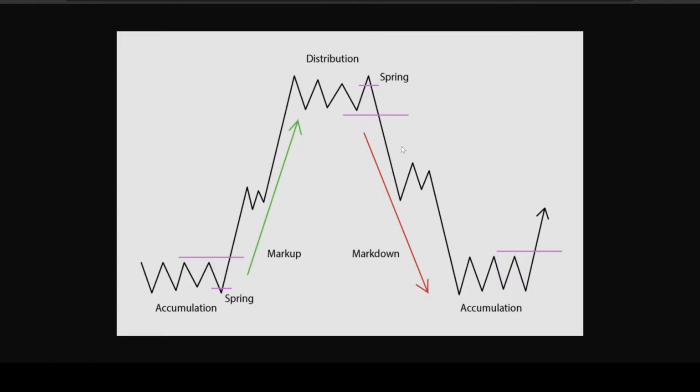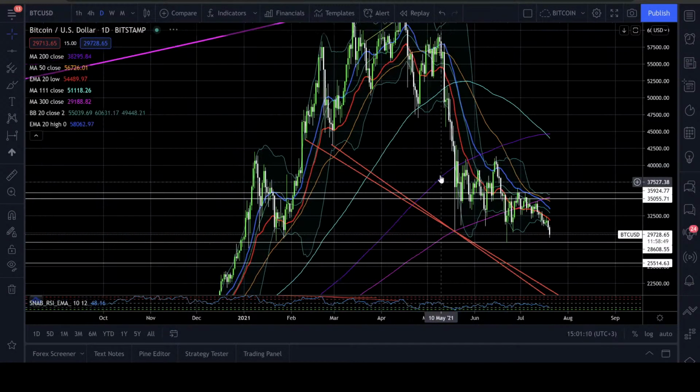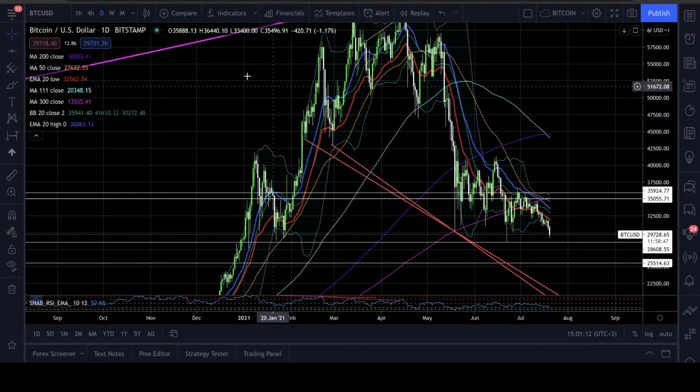So when people are talking about Bitcoin forming an accumulation pattern, they're just impatient, because usually a bear market, especially in crypto and gold, lasts a long time.